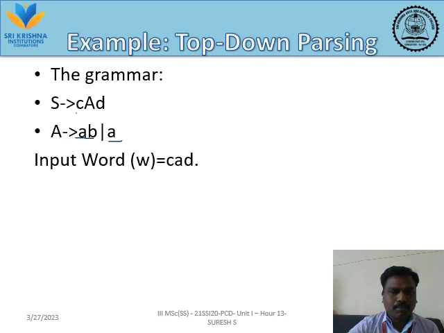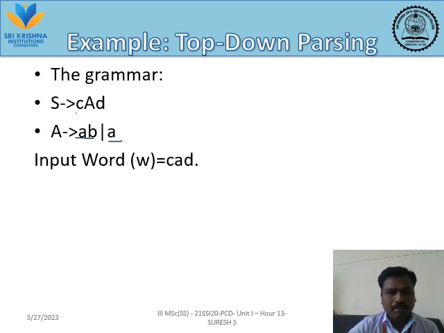You should understand that A can produce either AB or A. That is why we call it the alternate. This symbol represents the alternates, which means A cannot produce both at the same time. Either one of the symbols can be produced by the non-terminal capital A.